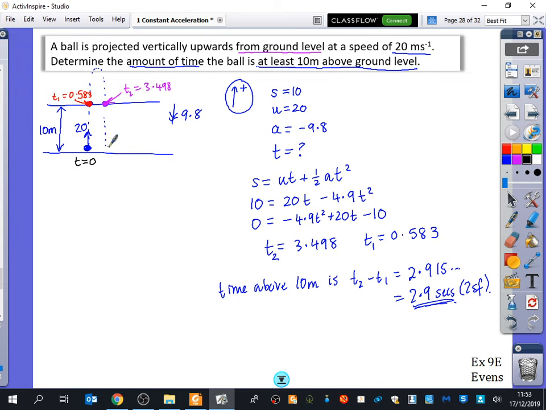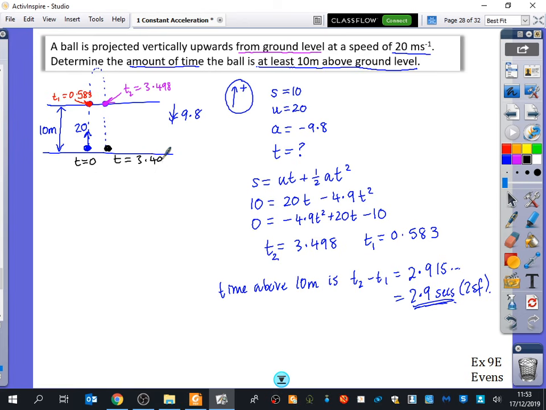Who thinks they could predict what the time would be down here? You could add that time, because we know that's how long it takes to go up there. It's actually going to take the same amount of time for it to come back there, because it's symmetrical. So you would take that time and add on that, and it would give you the time that it gets to the end.